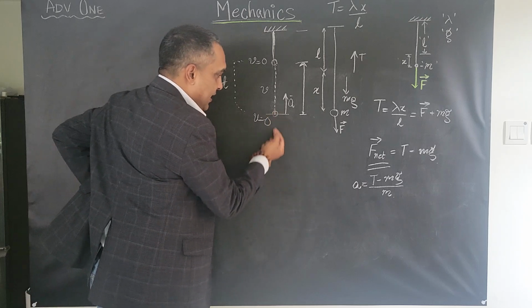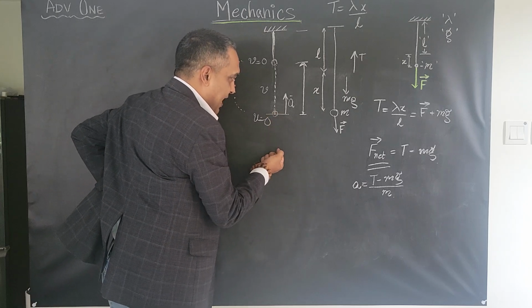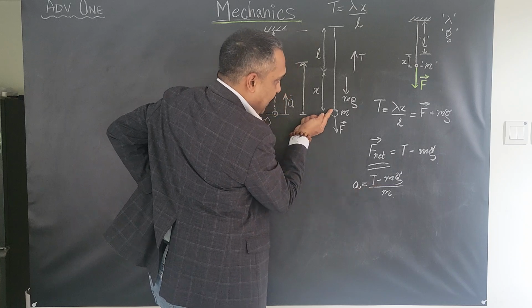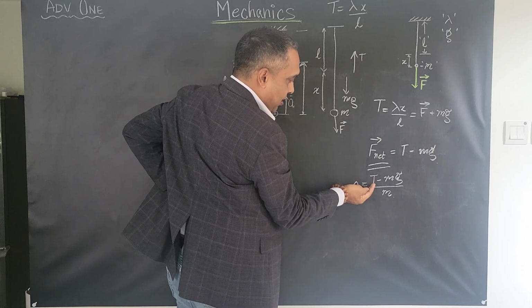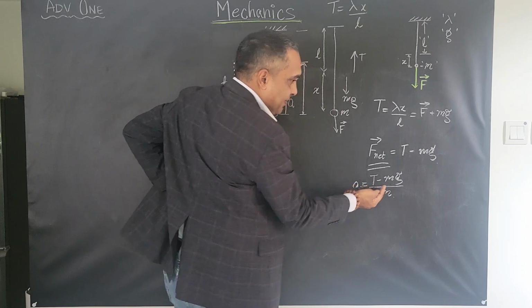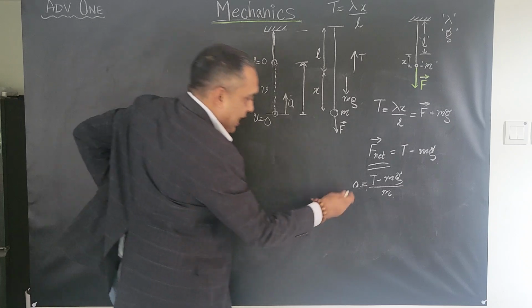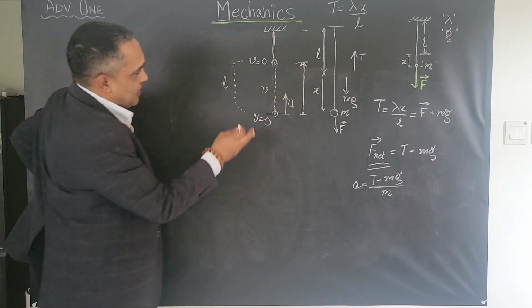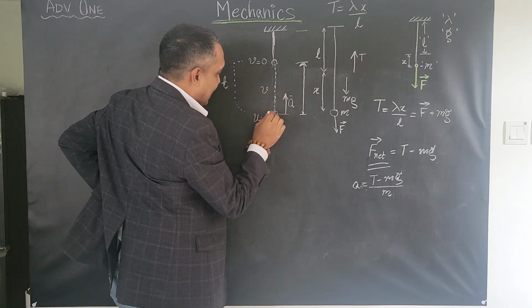The object always has the force of gravity pulling it down. Tension keeps reducing as x is lower. At a point, it becomes equal to mg, which then makes acceleration 0, which means velocity has kind of peaked.